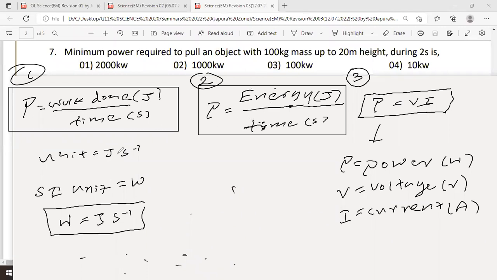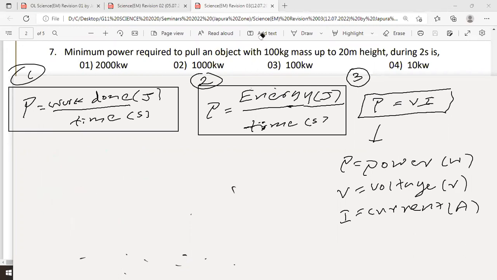So what is the other equation for work done? Please copy down all this, everyone. Work done is also equal to force times distance travelled, like perpendicular distance, shortest distance or displacement.